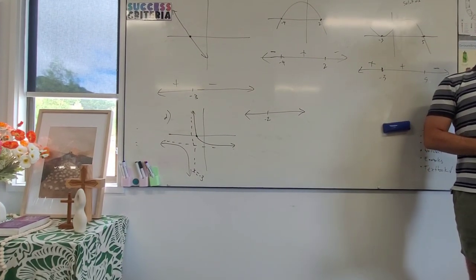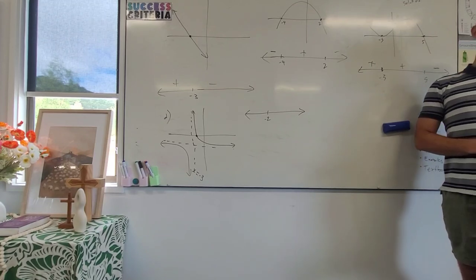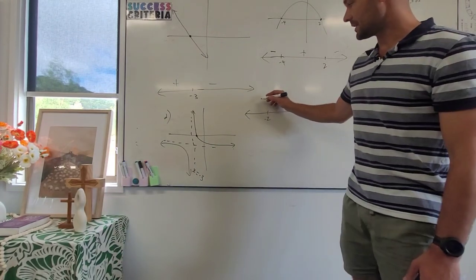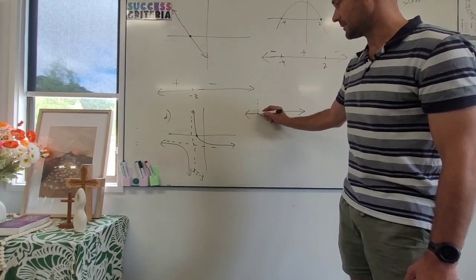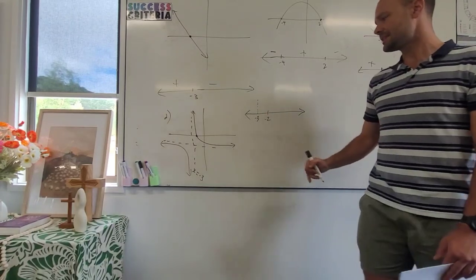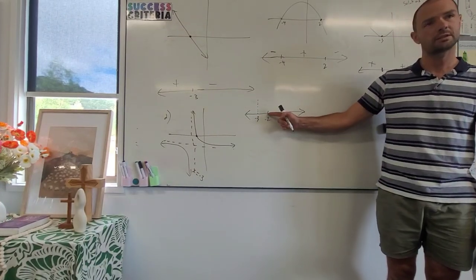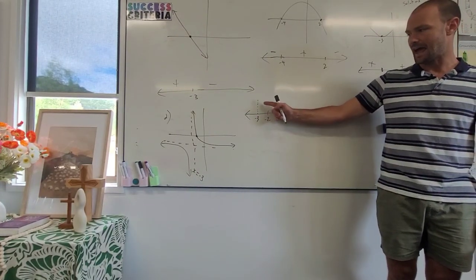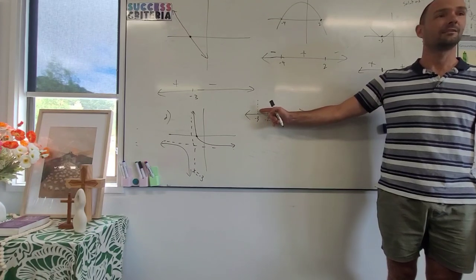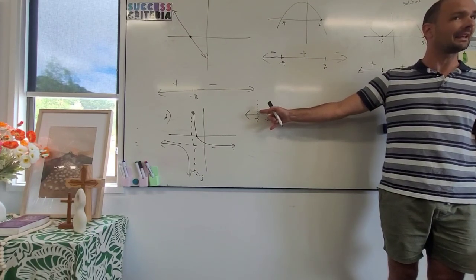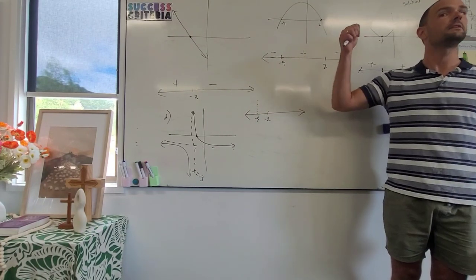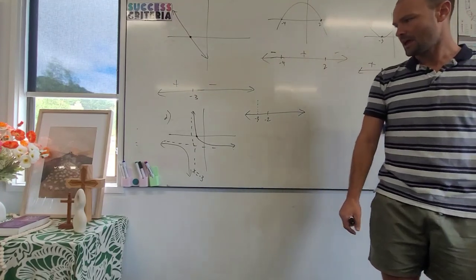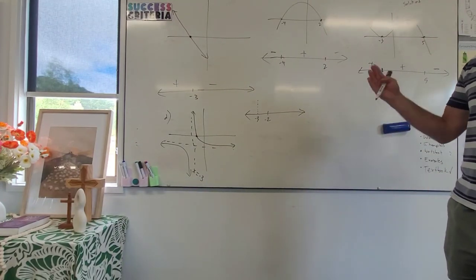But we also include asymptotes. The way we include asymptotes is a dotted line. So we need to be able to distinguish between a root, where it crosses, and an asymptote, where it never touches. It's undefined at that point. And then we're just going, is it above or below?